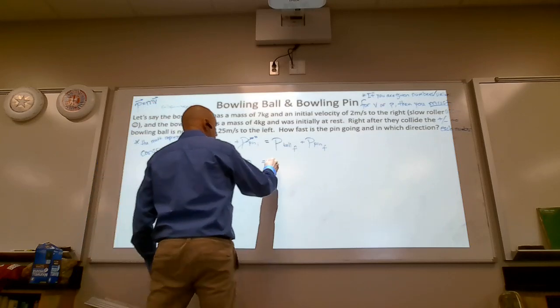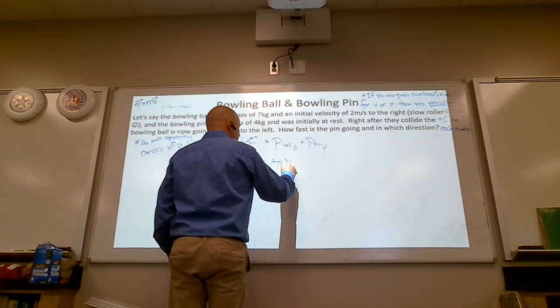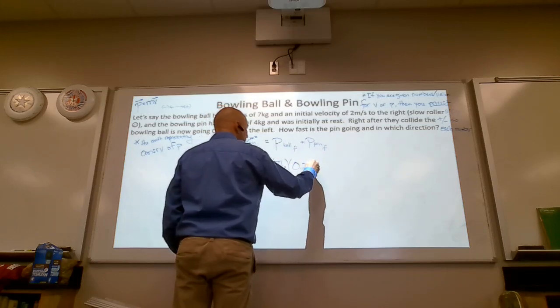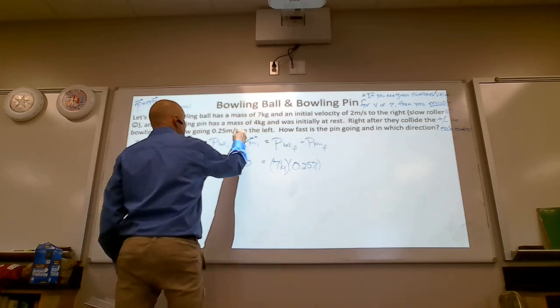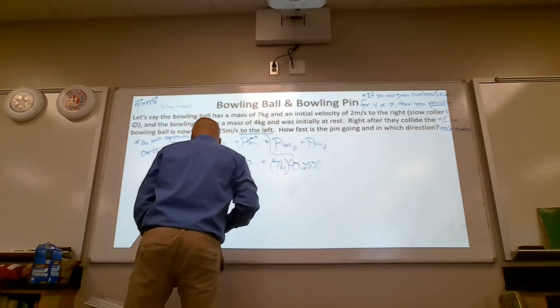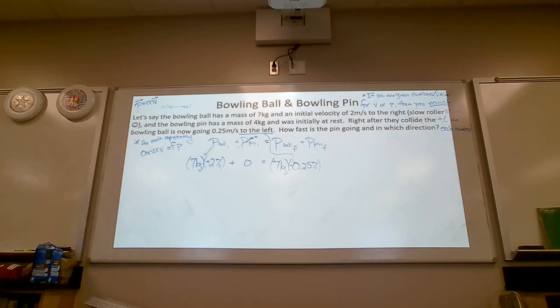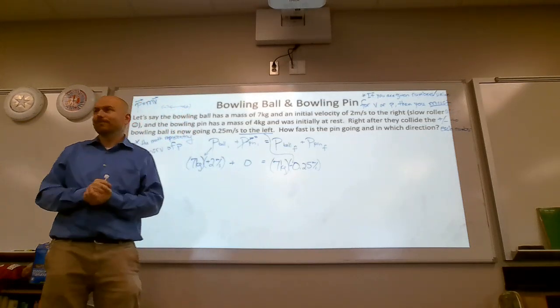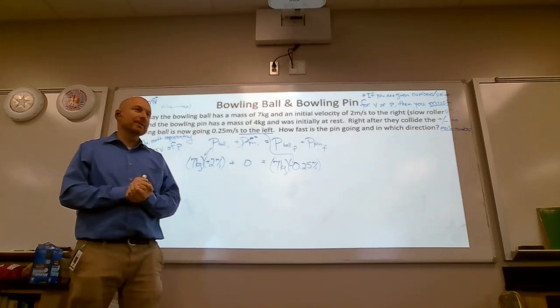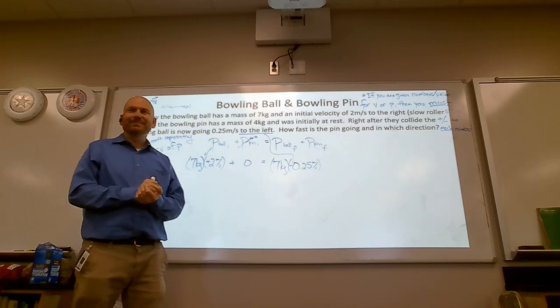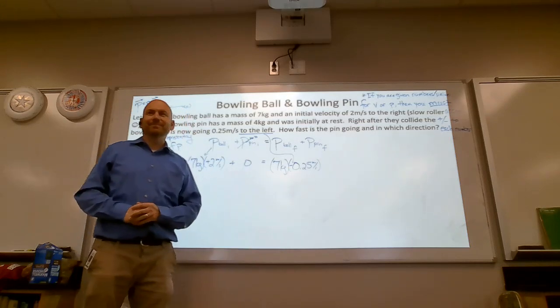And afterwards, the ball still has a mass of 7 kilograms, but it is now moving at 0.25 meters per second to the left. Because I have a value with it, I need to assign a positive or negative sign. Failing to put the negative right here is 80% of the reason you would miss that. On a multiple choice test, guess what a wrong answer is going to be? Forgetting to put that negative sign.